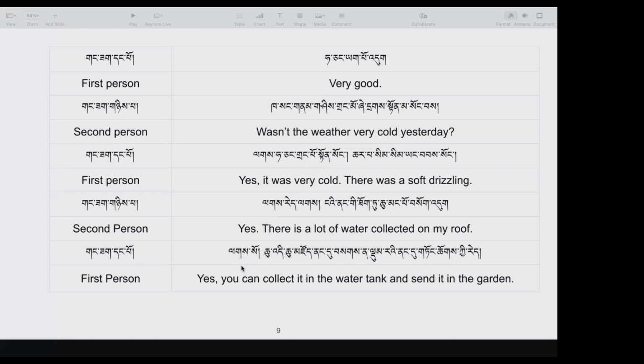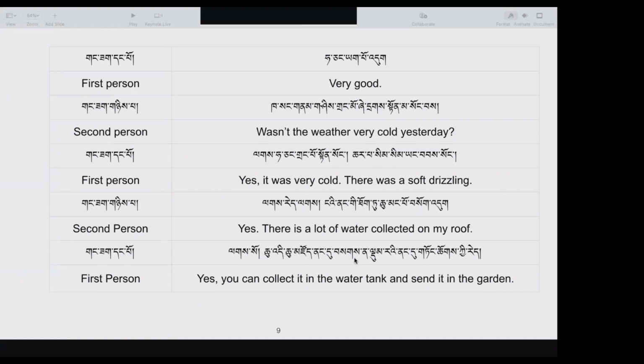Lasso. Chudi chuzu na to sane, dumre na to tong chokide. Yes, you can collect it in the water tank and send it to the garden. So dumra, which is garden here.